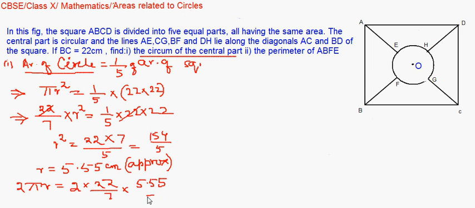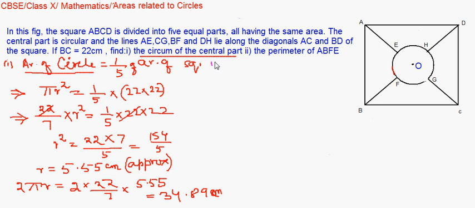That's giving us 34.89 centimeter, which is the circumference of this central part. Now we need to concentrate on finding the perimeter of this part. I'll move on to make some space and solve it here.